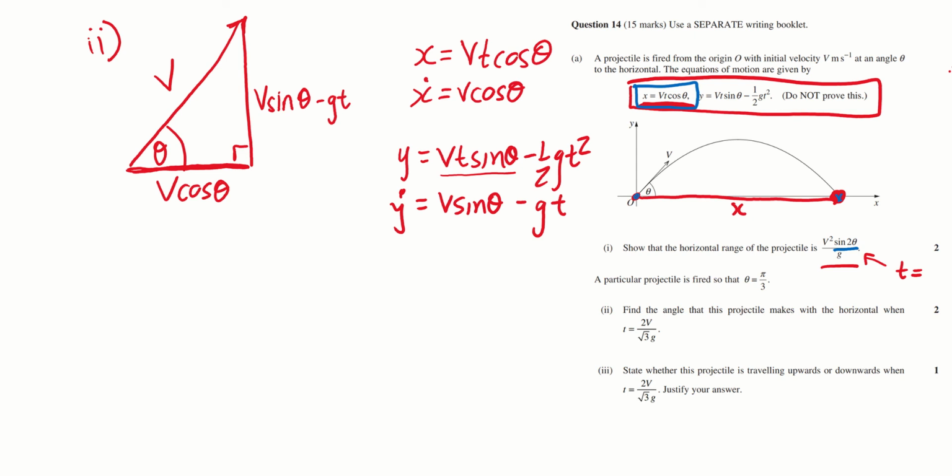Okay, so now I've got some sides labelled. I think, well, I could just do tan theta, opposite over adjacent. Well, v sine theta minus gt over v cos theta.